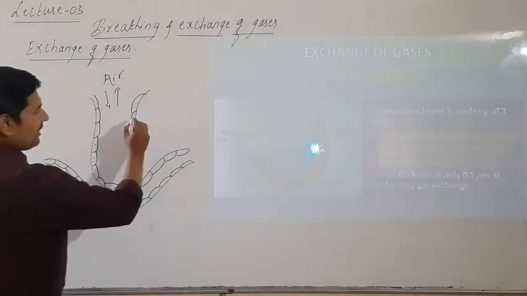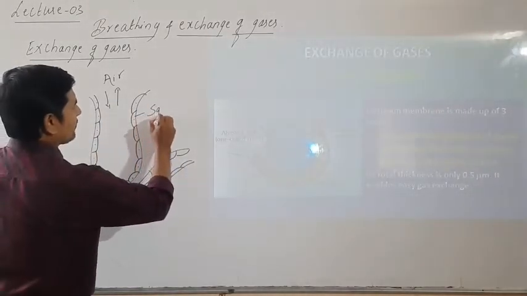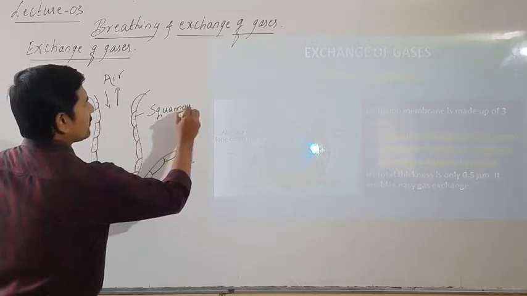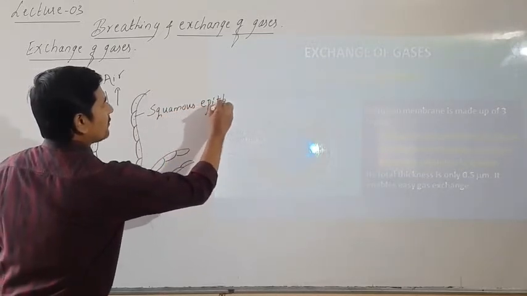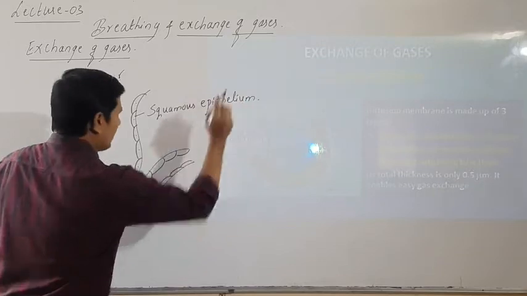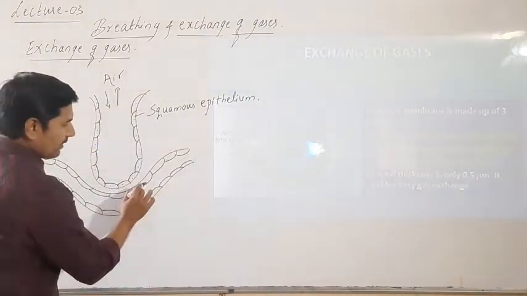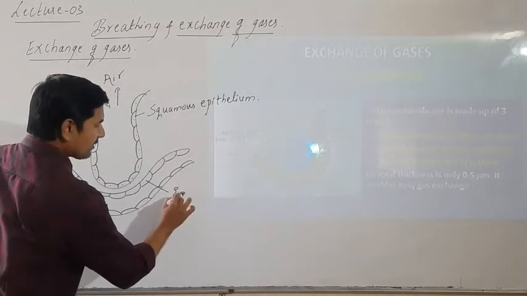Now this is the alveoli. This is the squamous epithelium. Then here we have the endothelial cells.